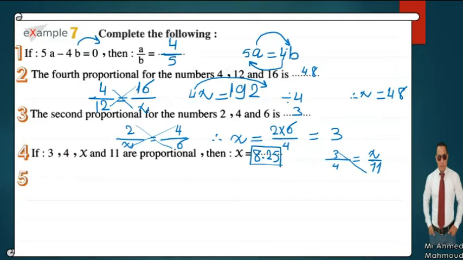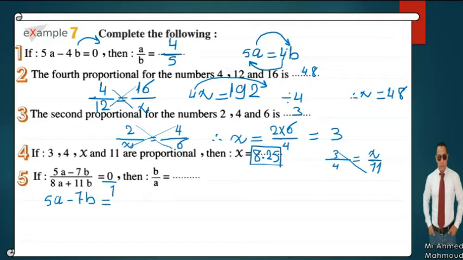The next one, here we have (5a minus 7b) over (8a plus 11b) equals 0. Okay, I will make it 0 over 1, and then I make cross multiplication. (5a minus 7b) times 1 equals 5a minus 7b, equal to this expression times 0 equals 0.